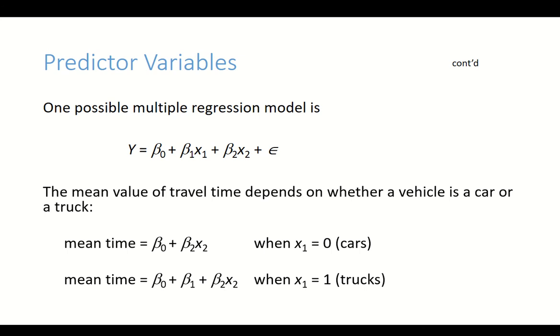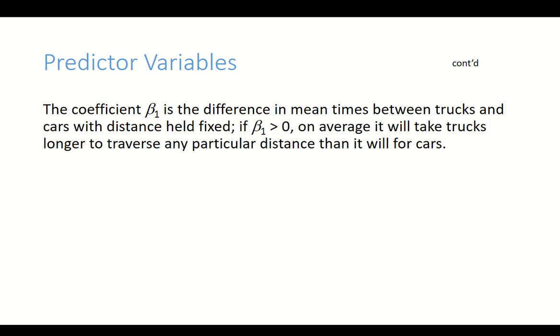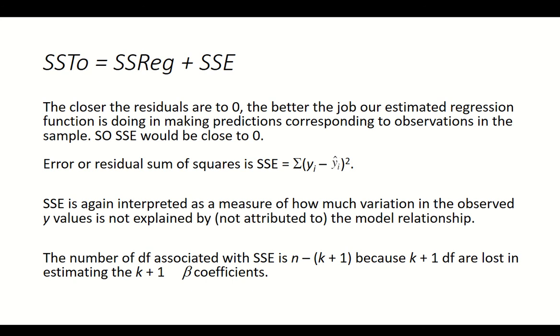And when it's a truck, we're going to have x1, and so beta 1 is going to be in there. Now beta 1 times 1 is beta 1, so we don't need to write x1 along with it. In other words, if we fix the distance, then it'll take trucks longer to traverse.